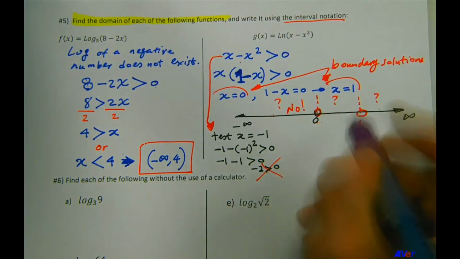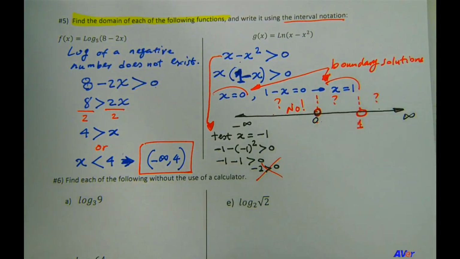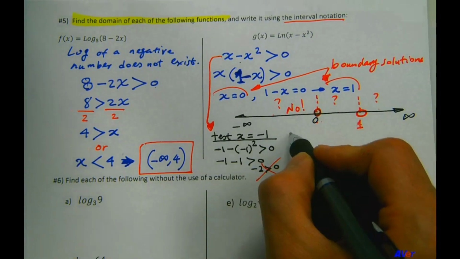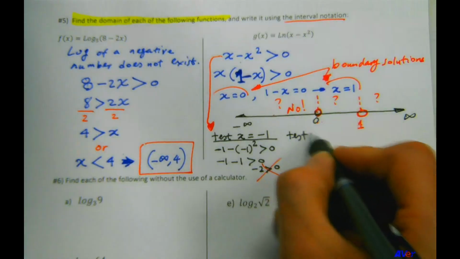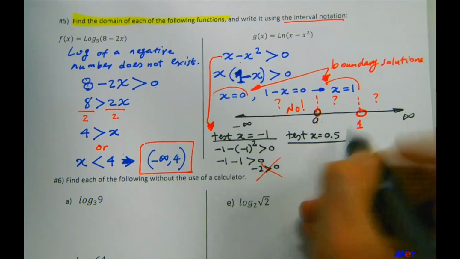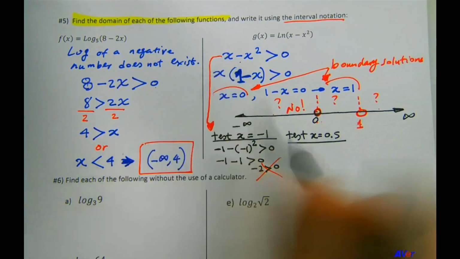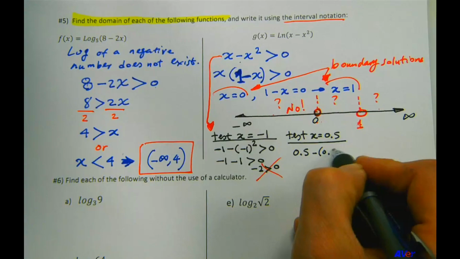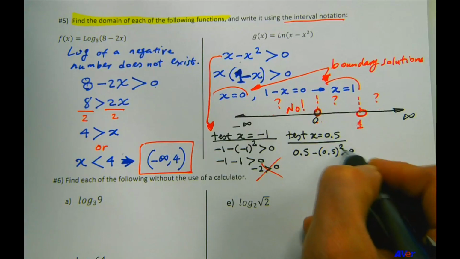So let's test the number in the middle. Let's say 0.5. We tested x equals negative 1 and it didn't work out. So test x equals 0.5. We're going to plug into that inequality again. So 0.5 minus 0.5 squared greater than 0.